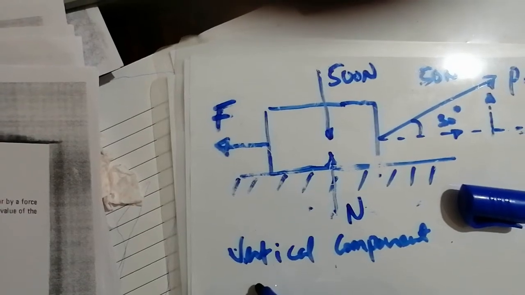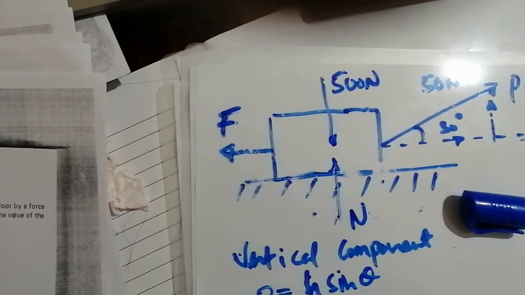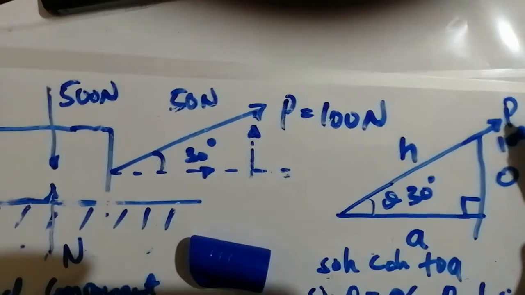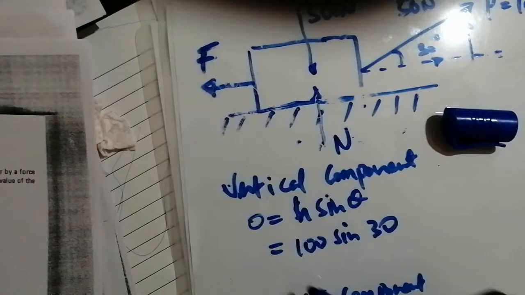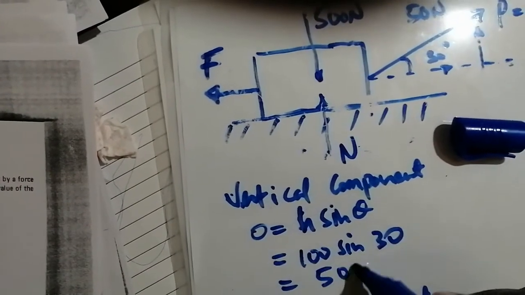So coming here to resolve the vertical components, we say that O is equal to h sine theta. Therefore, the vertical component should be equal to our hypotenuse, which is P, and we already know P as 100 newtons, so it should be 100 newtons sine 30 degrees. From here, sine 30 degrees should be 0.5, therefore we have 50 newtons.